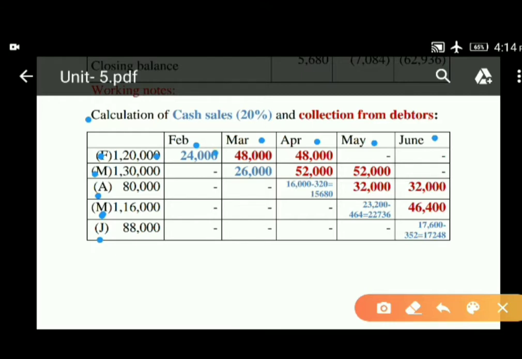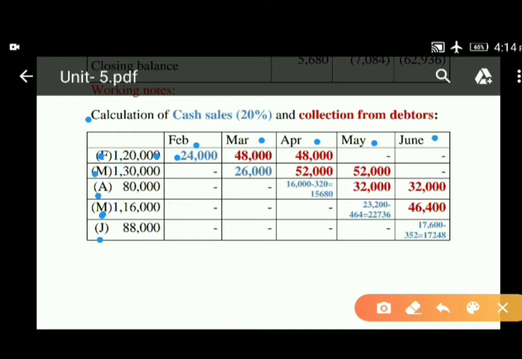See, 1,20,000 లో 20% క్యాష్ సేల్స్ ఎంత అంటే 24,000. సో హియర్ ద క్యాష్ సేల్స్ 24,000 for the month of February. So here the amount will be collected immediately in that particular month only. So here cash receipts in the form of cash sales in the month of February is 24,000.